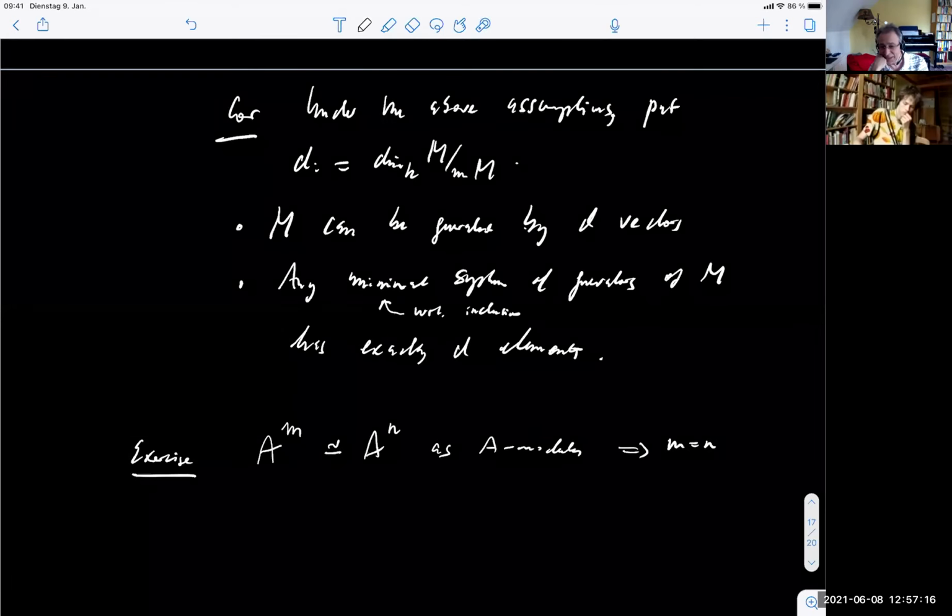So if you think this is trivial, if you allow a non-commutative ring, this is wrong. For commutative rings, it's okay. But the only assumption is A is a commutative ring, right? It doesn't have directly to do with anything above.